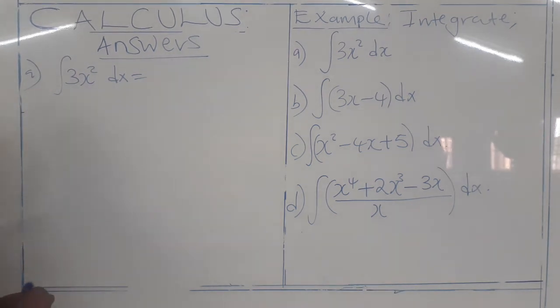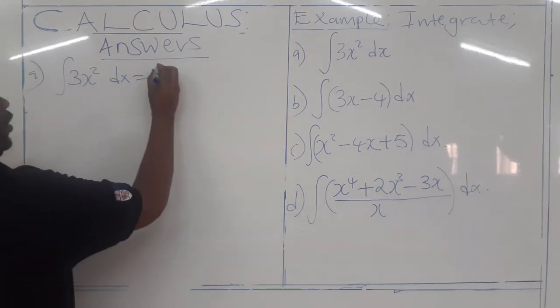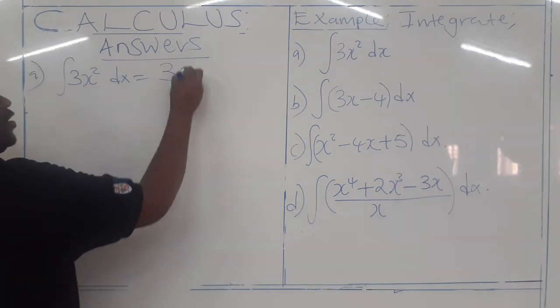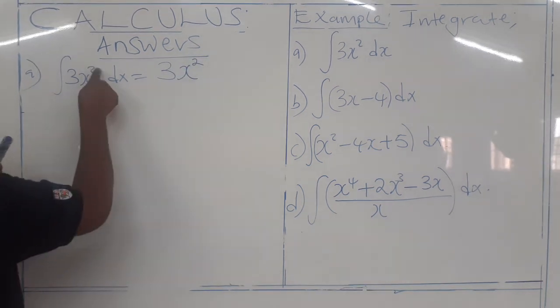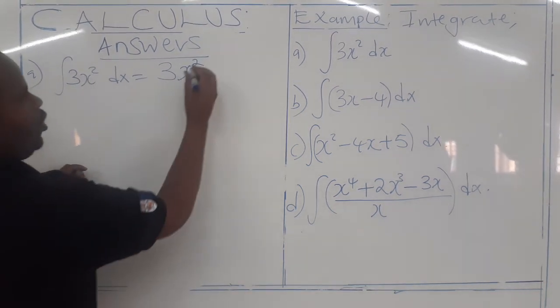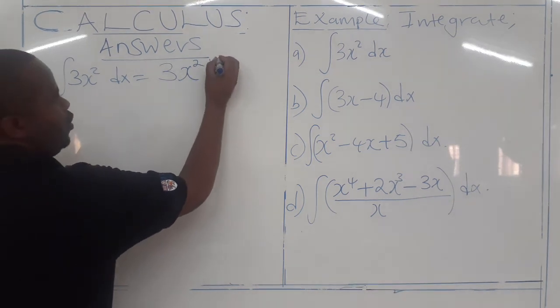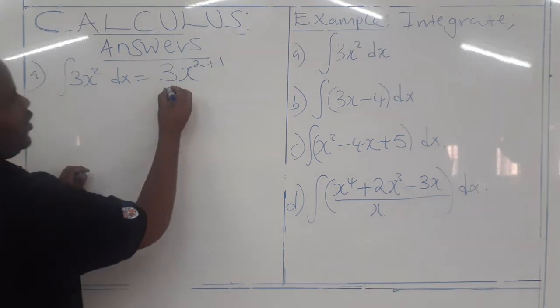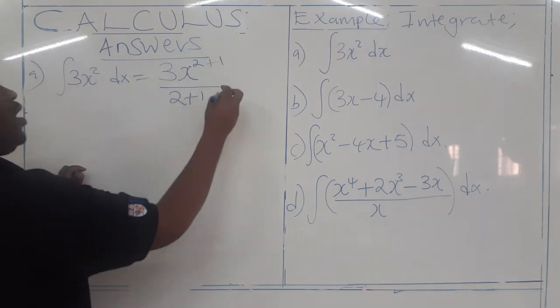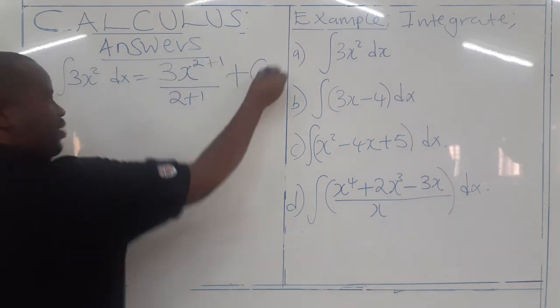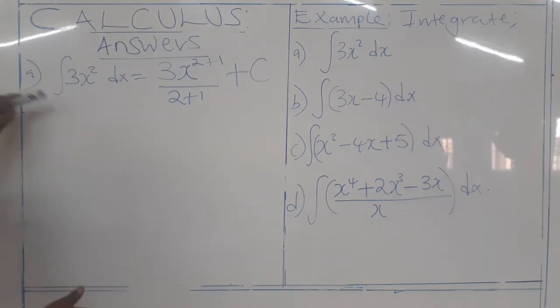So what we are going to do is, we'll say 3x to the power 2, but now, to this power you add a 1. So you say plus 1, divided by 2 plus 1. The same 2 plus 1. Then you fix an arbitrary constant because we don't have the limits of integration.